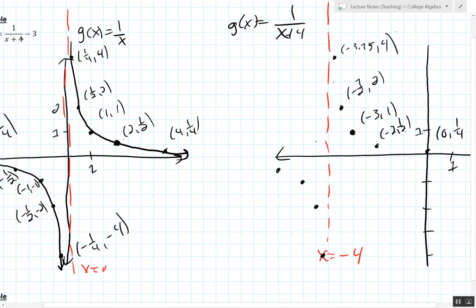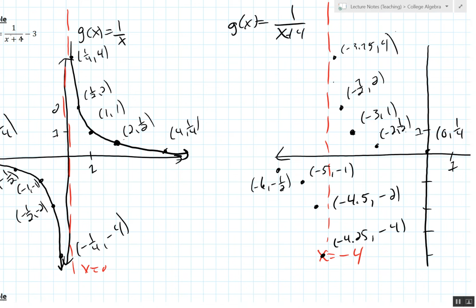So this point here was -5, -1, so this is -4.5, -2, and this is -4.25, -4, and then this will be -6, -1/2. So we draw it in like this, and that's the next step.